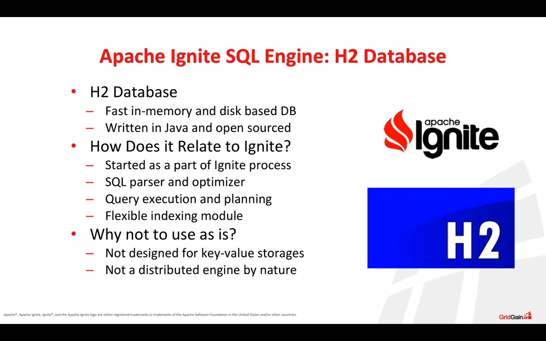When Ignite needs to build a query execution plan with the help of H2 database, H2 will talk to Ignite's indexing implementation modules, getting more information on what indexes are available for a specific query, and all this results in the final and most optimal execution plan.